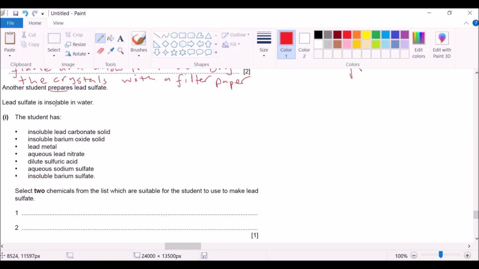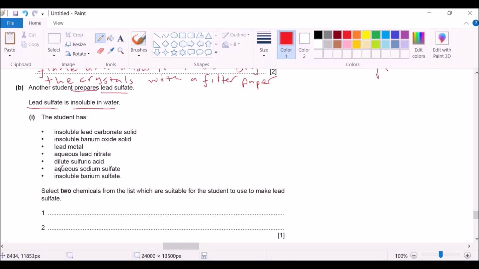Lead sulfate is insoluble in water. The student has insoluble lead carbonate, insoluble barium oxide, lead metal, aqueous lead nitrate, dilute sulfuric acid, aqueous sodium sulfate, and insoluble barium sulfate.